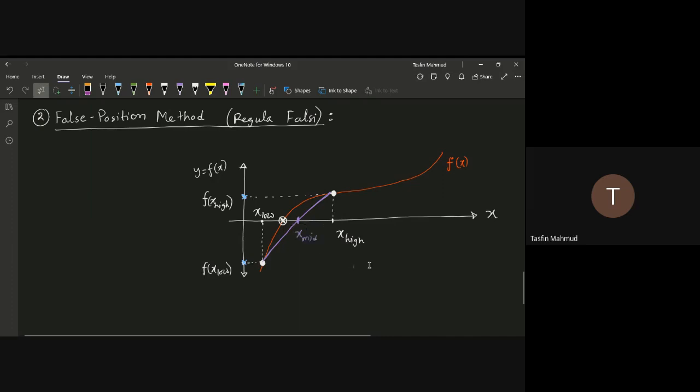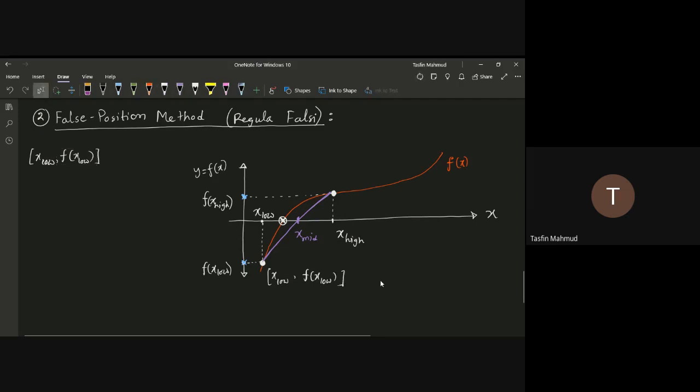So if we go for the maths, what would the expression for x mid be? We have 2 given points. The first given point is x low, comma f of x low. This is one coordinate. For simplicity, we can write it as y low if you wish, or keep it f of x low.